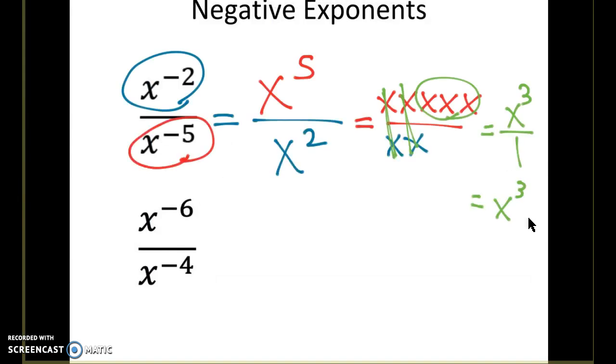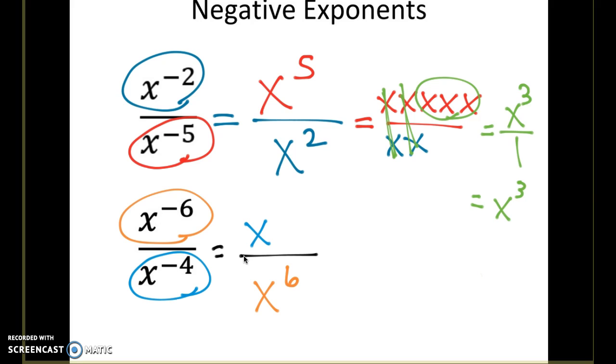Now with this second one, if I were to rewrite this with only positive exponents, the x to the negative 6 power is going to move down to the denominator for the exponent to become positive, and the x to the negative 4 power is going to move up to the numerator. Then we can expand it out and simplify it like we've done before.